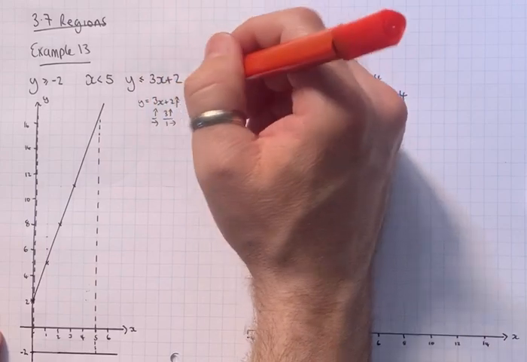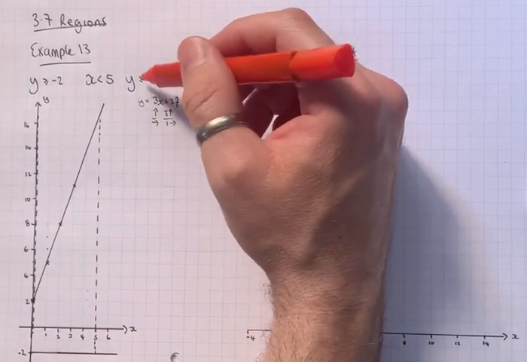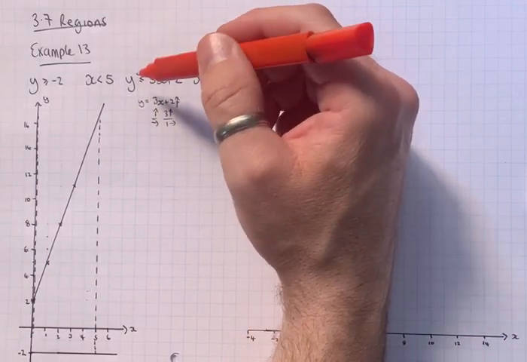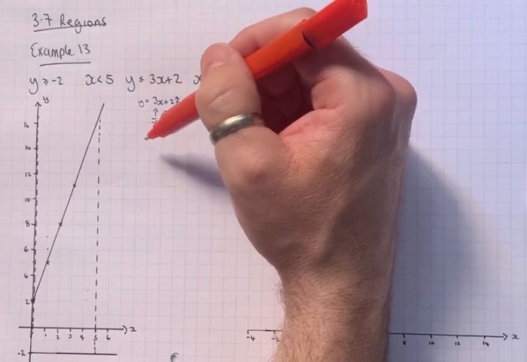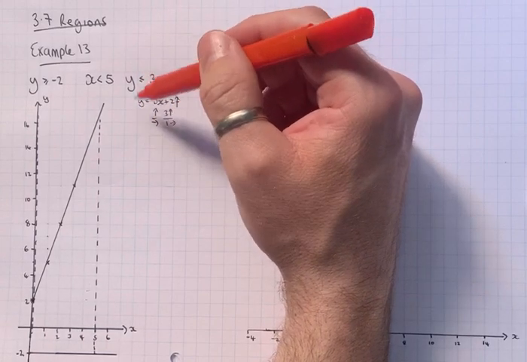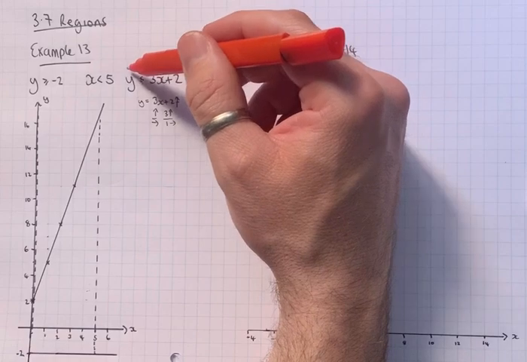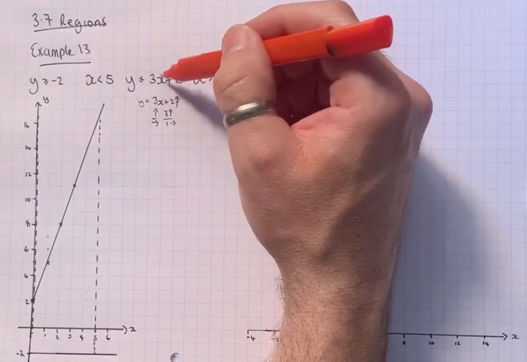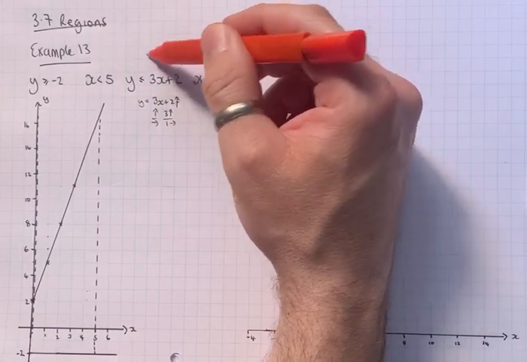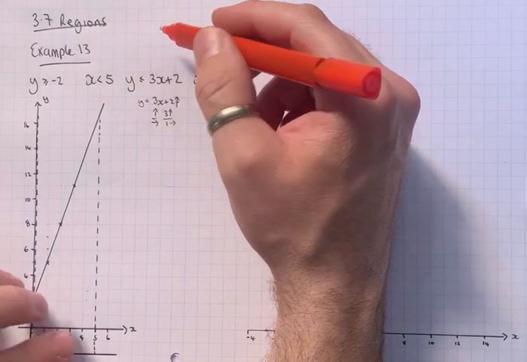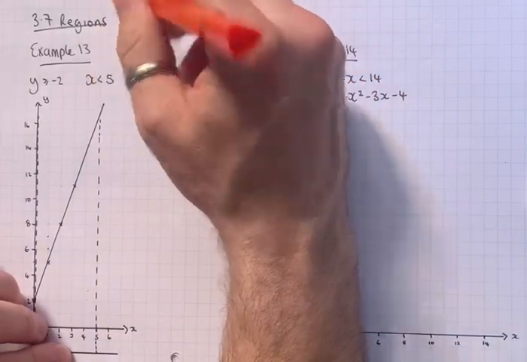y is less than. Now when you're trying to decide which way to shade, you can do a number of ways. You can test some points within there, which I'll do in a moment, or you just look at the positive y. If you've got negative y, so that's 3x minus y, bring that y over, make it positive y. Then you just need to look at y.